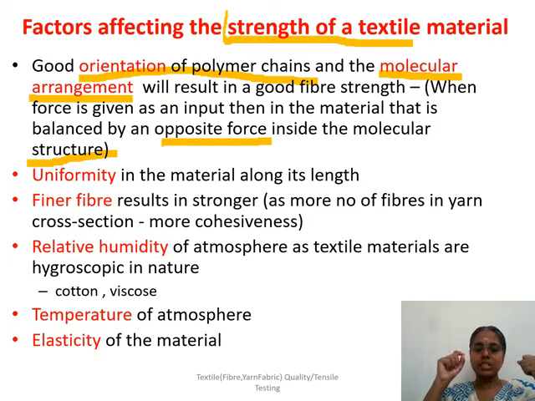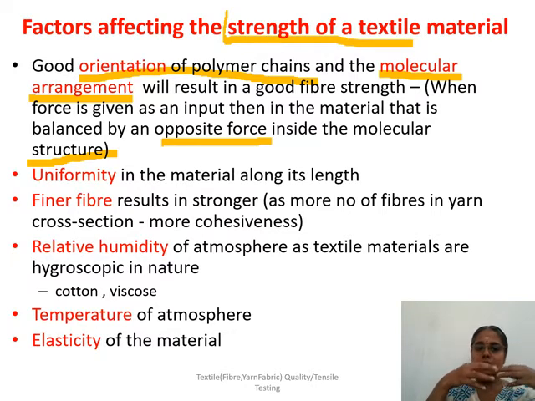Next is temperature. Say if you increase the temperature to a very high extent, your synthetic fibers may have some change; before melting itself, the polymer chain starts moving apart due to the increase in temperature.